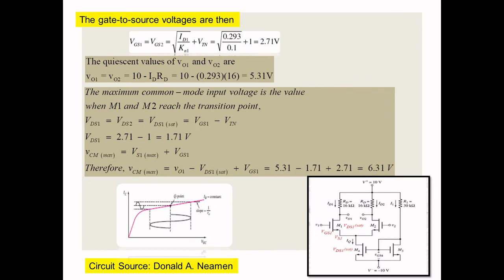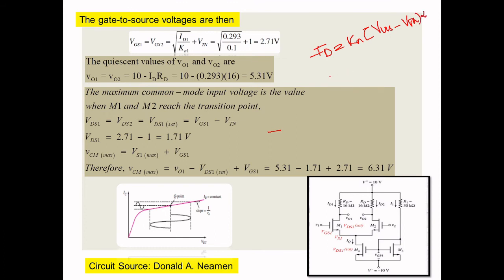Now we will be finding the gate source voltage for M1 and M2. So what is the formula? It is rewritten from the basic MOSFET equation: ID equals Kn (VGS minus VTN) whole squared.